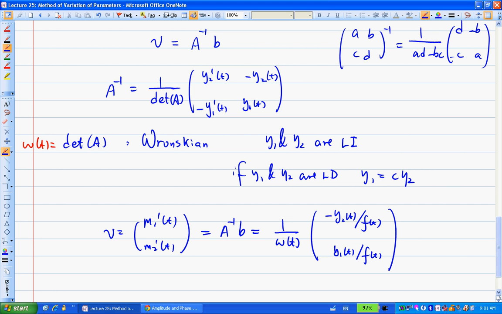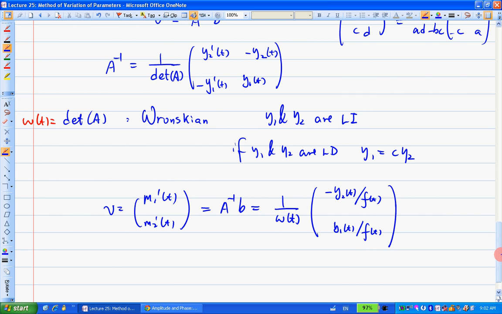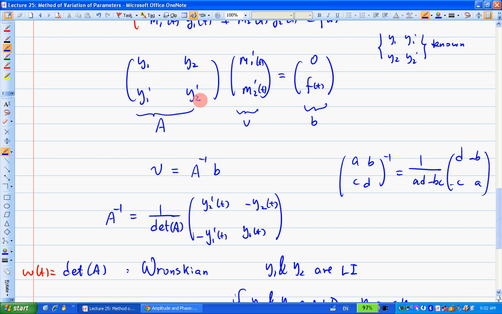So we end up with this quantity. W(t) is the determinant. The determinant is y1 y2 prime minus y2 y1 prime.